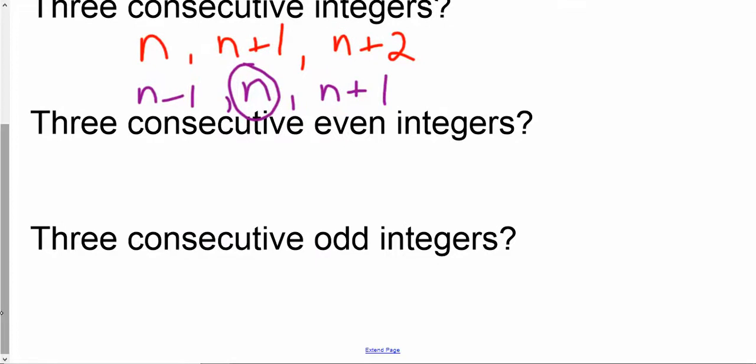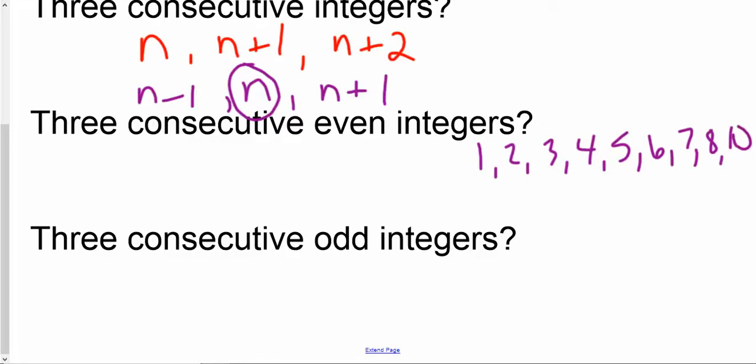What about 3 consecutive even integers? Well, we could think about writing out some of the smallest even integers and starting to notice a pattern. So 2, 4, 6, 8, oh, I forgot 9, and 10.